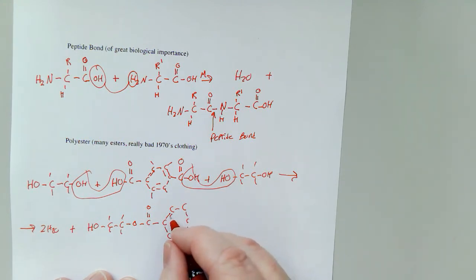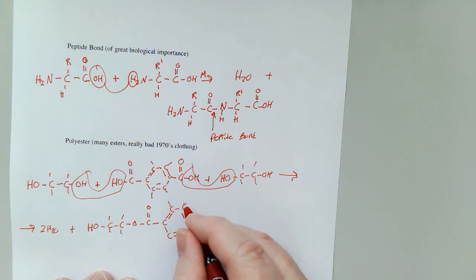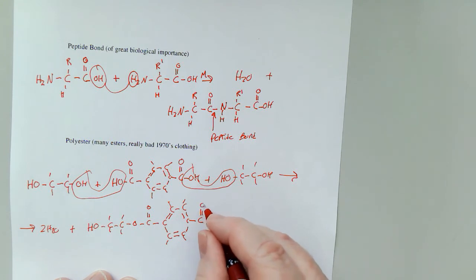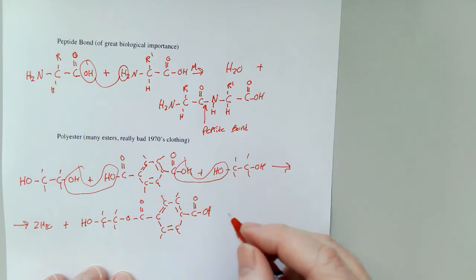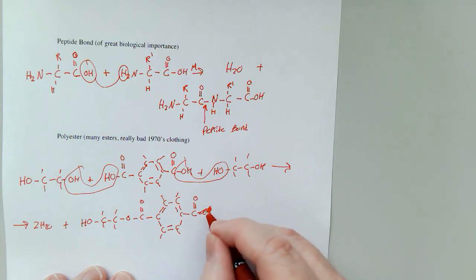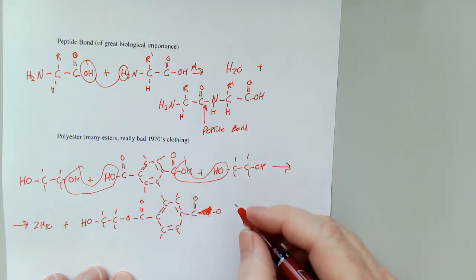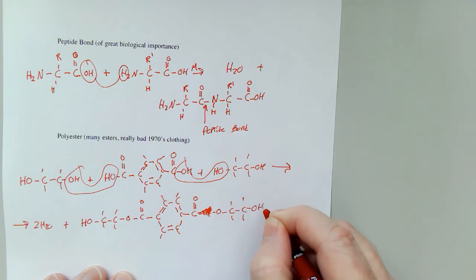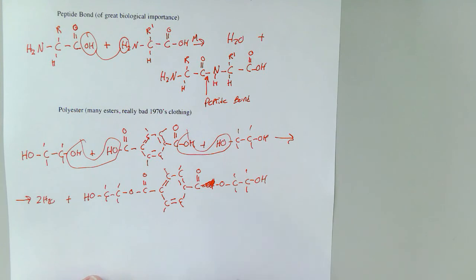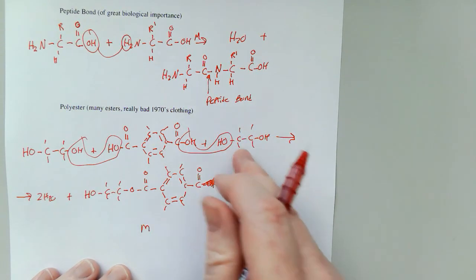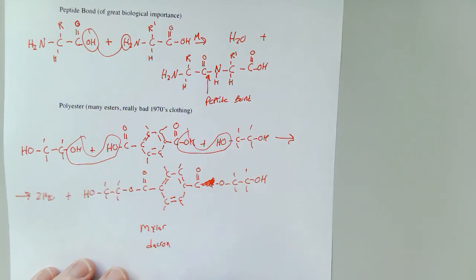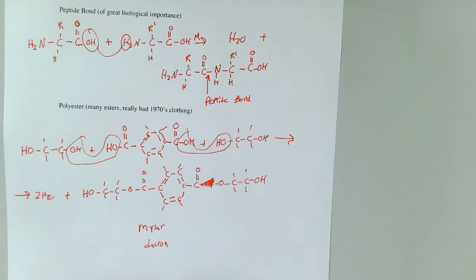And then the double bonds will be there, there, and there. We got some hydrogens coming off. This is going to go to a C, which is double bonded to an O, to an O, and then that goes to a C, hydrogens coming off, and an OH right there. Okay, and this one, when it just happens over and over and over again, is referred to as Mylar or Dacron.